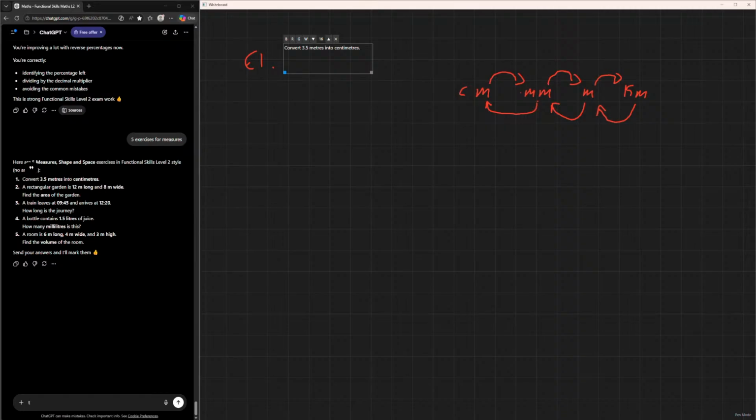So let's say here, 1,000 meters, if you know this, is what? 1 kilometer, right? So to go from here to there, you divide by 1,000, right?